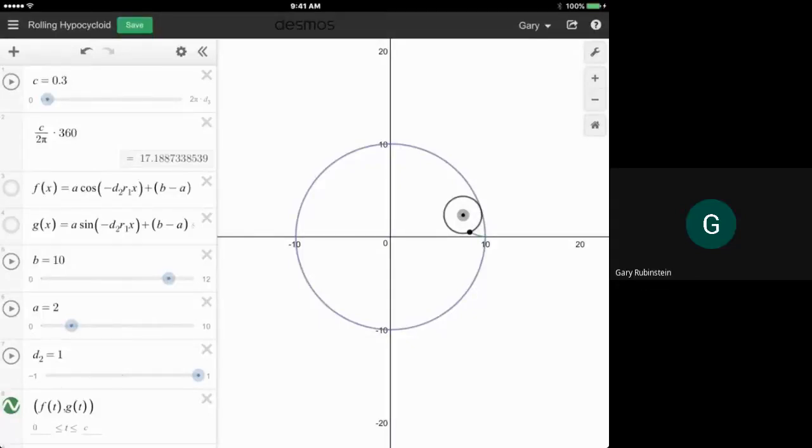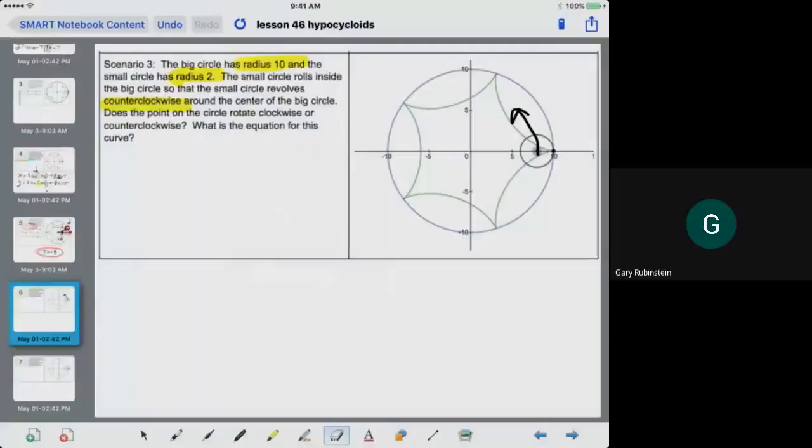Okay, yes, Melissa, that's right. So it was the other way around. So what Talia has is the same equation as before. And we're going to see if that could be. It's definitely very similar, but is it exactly the same?